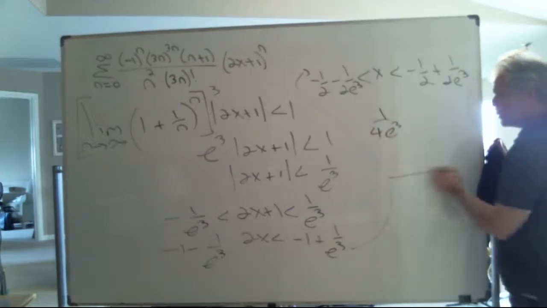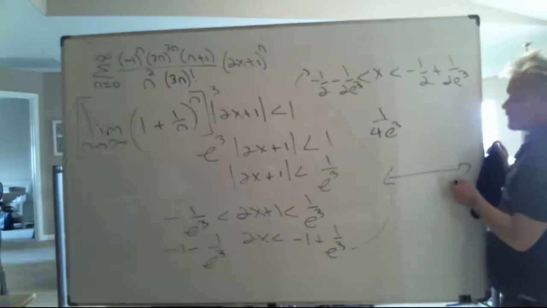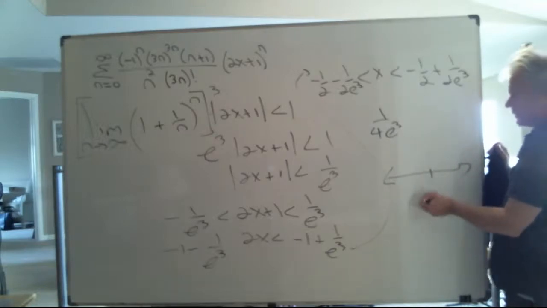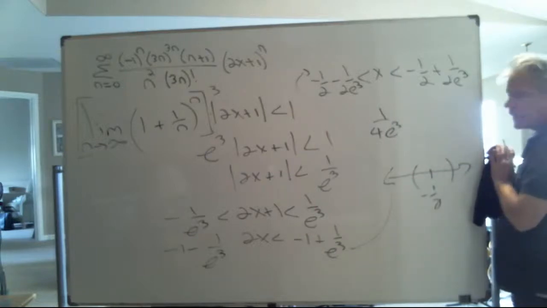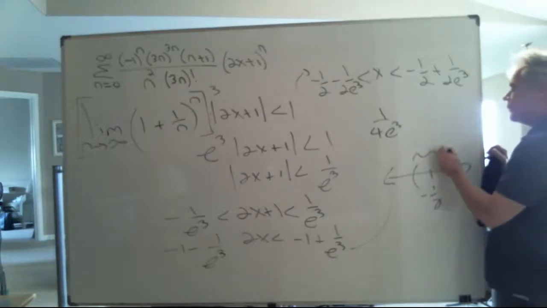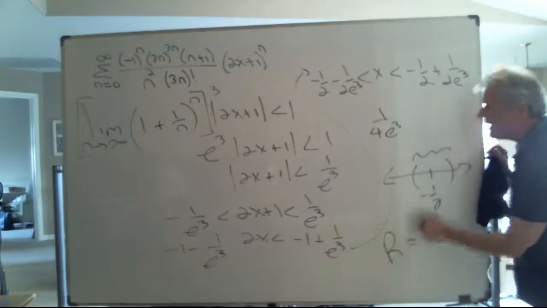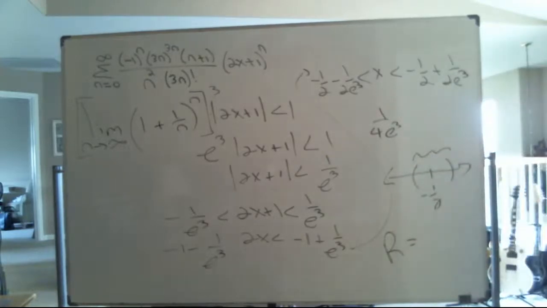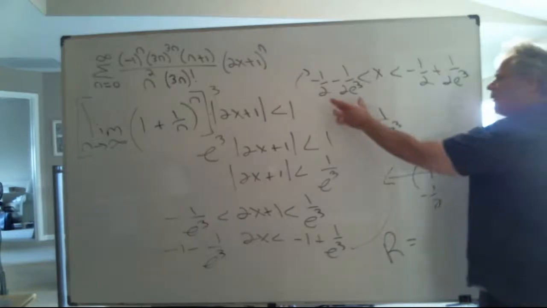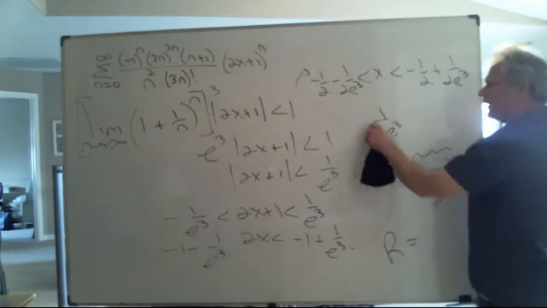So think of that on a number line as centered about, say, something like -1/2. You've got this interval like this. Now, if the full length of the interval is this, then I think the radius of convergence is simply half of that. Actually, did I misspeak? My goodness. The left endpoint subtract from the right endpoint. Isn't that really this?